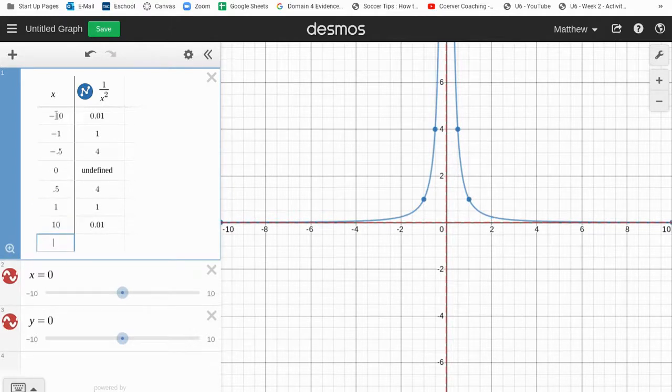Okay, so then there are my points. And so this is what my graph looks like. Okay, again, my vertical asymptote right here is still x equals 0 because it intersects the x-axis at 0. My horizontal is y equals 0 because it intersects the y at 0. So I know a lot of information just based off of this graph, right?